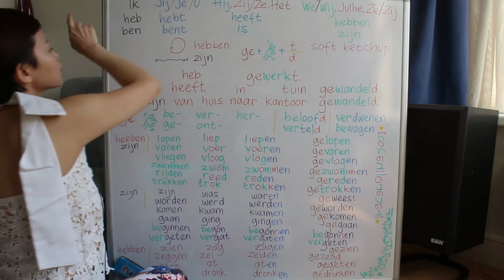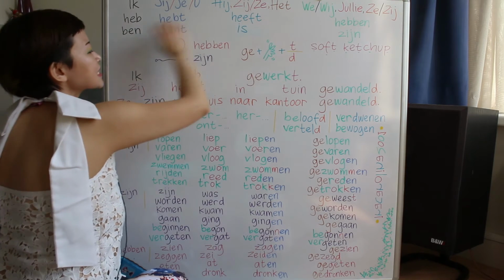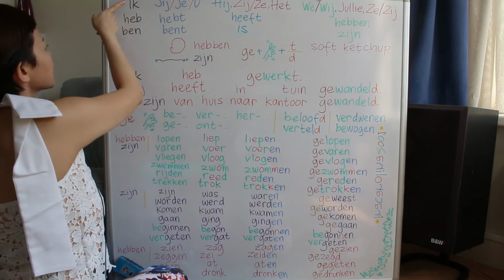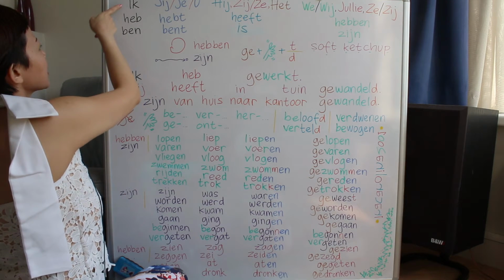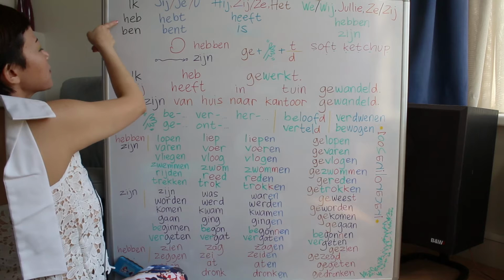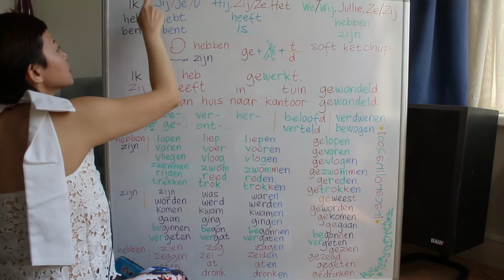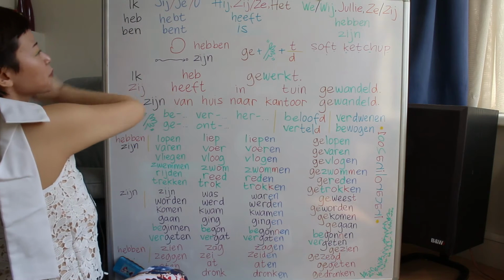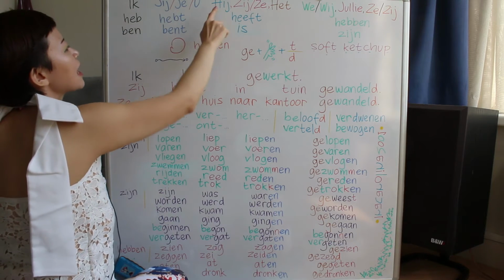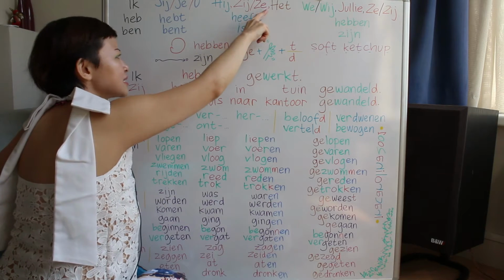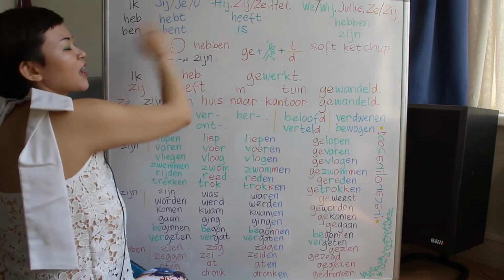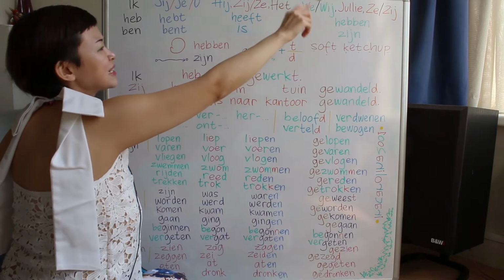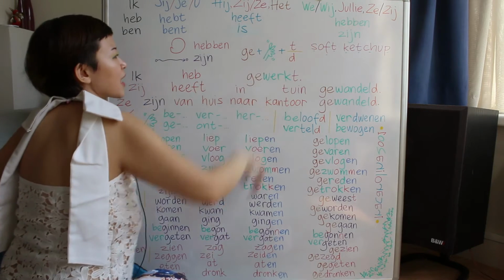This line is for have, this line is for am. Ik heb, heb is have. For jij, je, u, hebt. For hij, zij, ze, het, heeft. For wij, jullie, ze, zij, hebben.